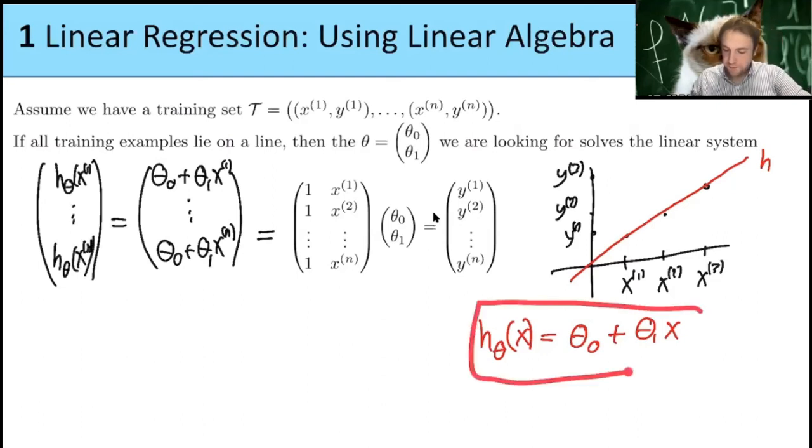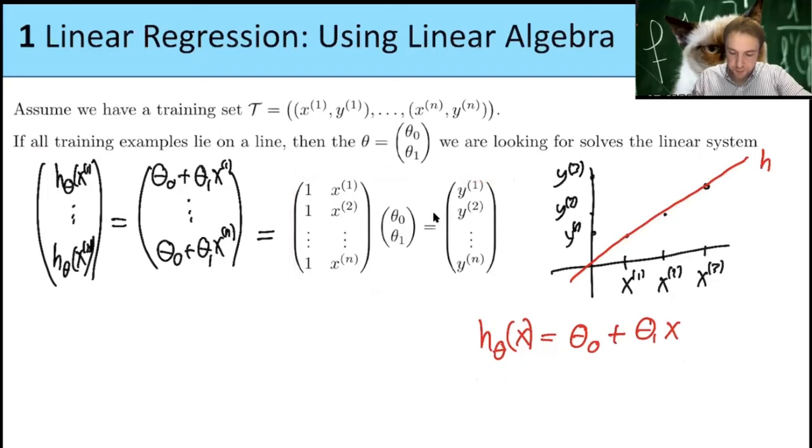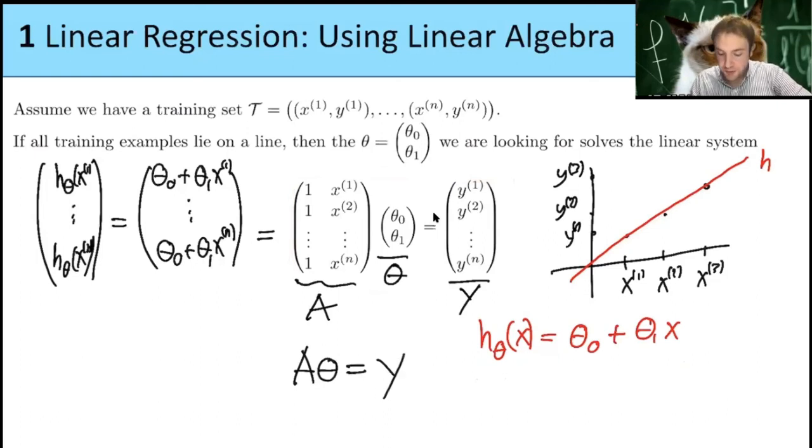So if they all lie on a line, then we have this equation here. In other words, if we call this A, and this theta, and this y, then we have this linear system: the matrix times this vector equals y.